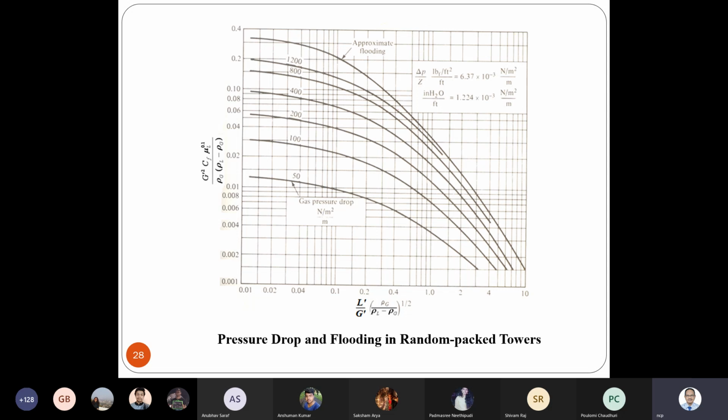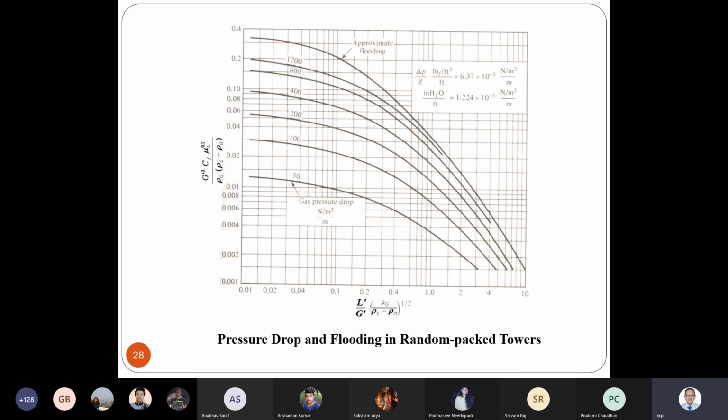contact. But in case of packed tower, as I mentioned before, here the contact is continuous, right? Unlike the intermittent or stage-wise contact we have seen in case of tray towers, in this case, contact is continuous. So the design, that is to find out the length of the tower, is on a different concept.